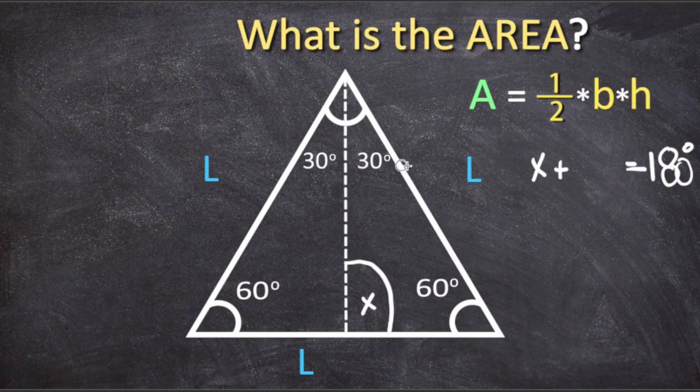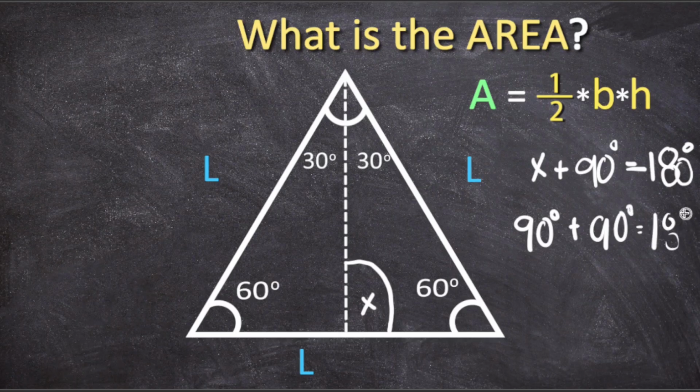But these two, 60 and 30 degrees, add up to 90 degrees. So that means x plus 90 equals 180 degrees. Well, x must be 90 because 90 degrees plus 90 degrees equals 180 degrees. So x equals 90 degrees. This is very useful to us.